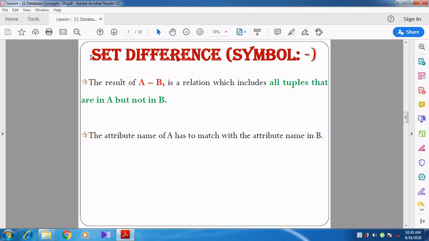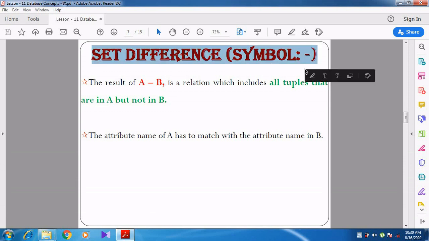Then the second operation is set difference. It is represented by the symbol hyphen, or we can call it minus.